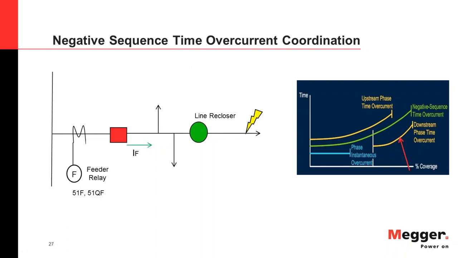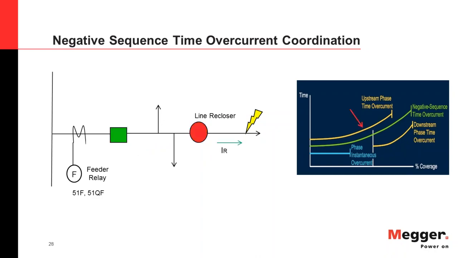According to the concept, my line recloser should open to clear the fault, and it will follow this downstream phase time overcurrent curve because it's downstream. So my line recloser should open and clear the fault, but what if my line recloser fails to open? In that case, I should have a backup to clear the fault.